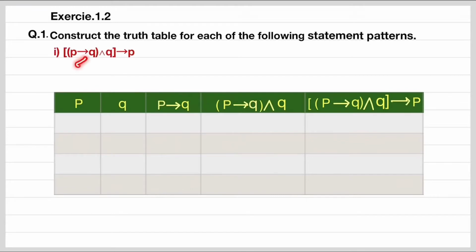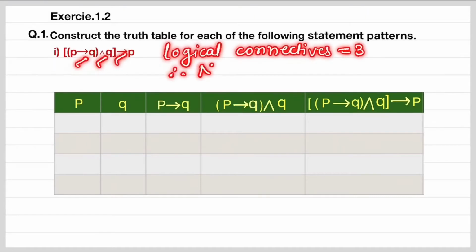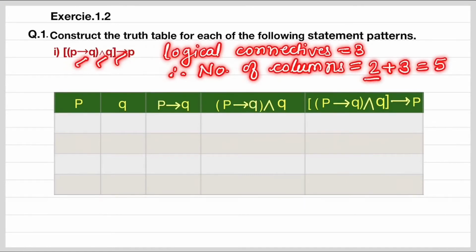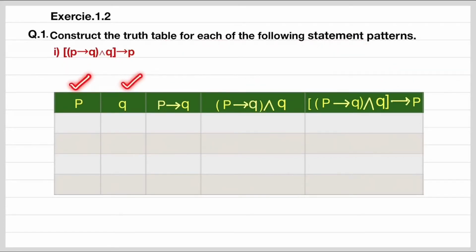And to know how many columns, count logical connectives. Here 3 logical connectives are there. Therefore, number of columns is equal to number of statements plus number of logical connectives, that is 2 plus 3 is equal to 5. See, these are the 5 columns and 4 rows.